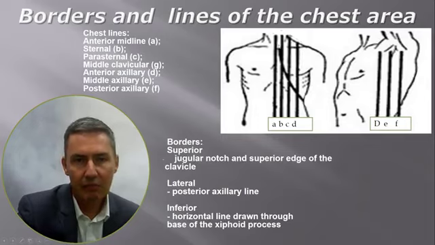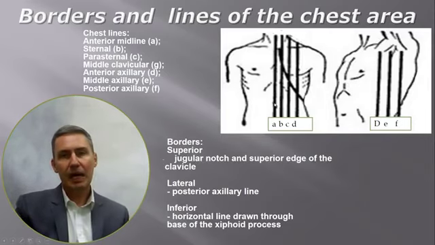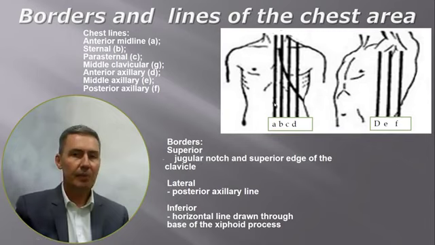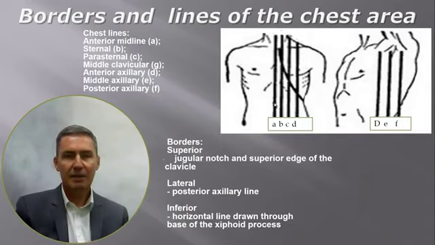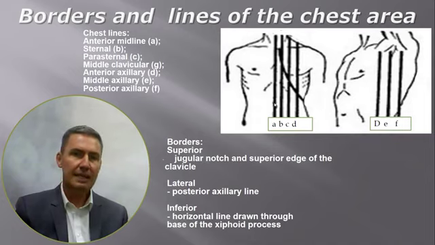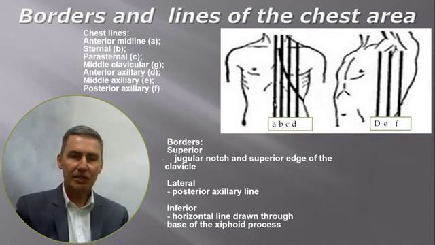So let's now talk about the projection lines present in this region. First is the anterior midline of the human body. It passes through the midline of the sternum, and posteriorly the posterior midline is present. If we connect these two lines, anterior midline and posterior midline, we get the sagittal plane, which divides the body into two absolutely equal parts, right and left.